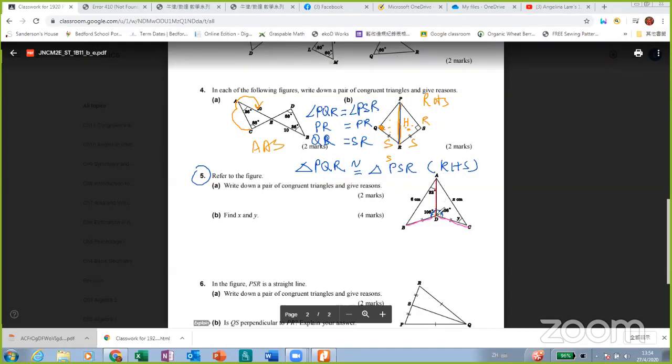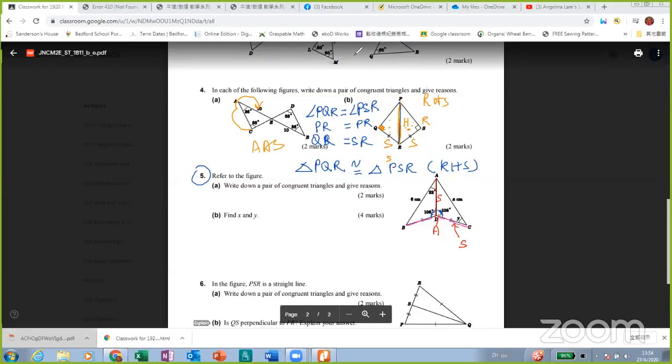Can you see the different color? This is one side of the triangle, and then I come to the angle, and then this one is also one side of the triangle. And be very careful.